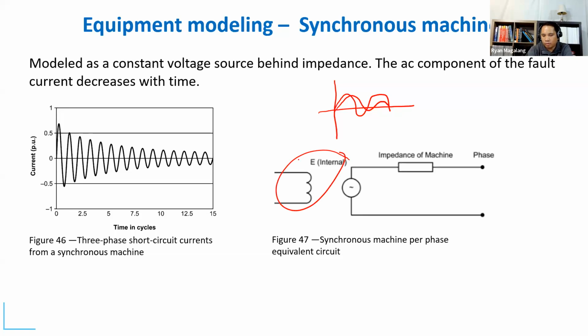So the moment that the fault has occurred, the terminal voltage collapses to zero, which means the induction motor loses its excitation immediately, and that's why the magnetic field collapses immediately, and so it's not able to sustain its fault contribution.